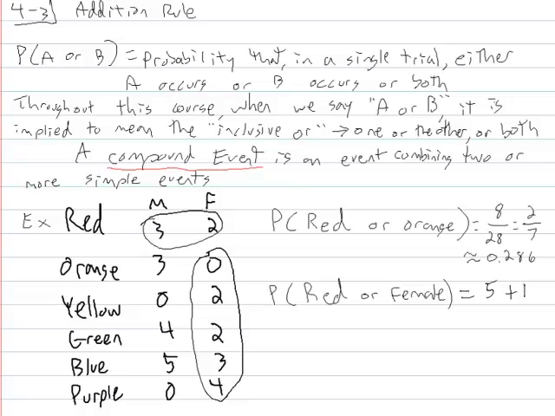So that'll be 5 plus 11 successful, so a total of 16 successful outcomes. So 16 out of 28, which is equal to 4/7, which is approximately 0.571. Okay.